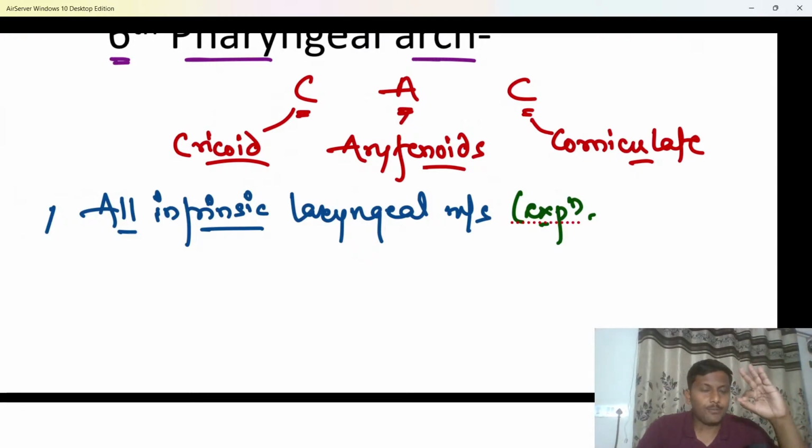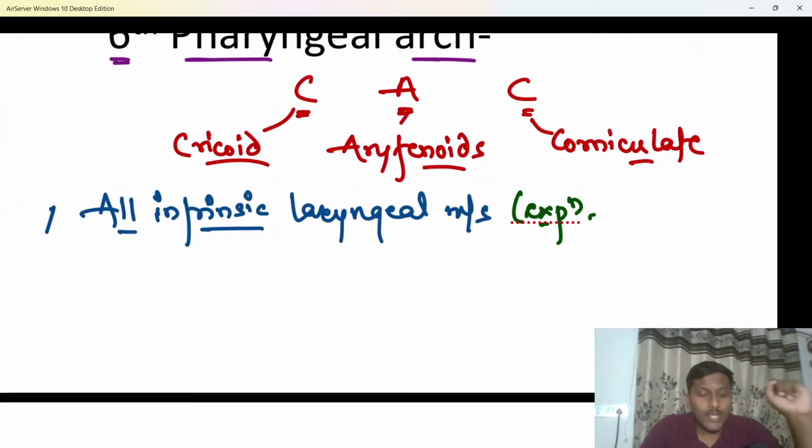Three important points. One, all the intrinsic laryngeal muscles are present inside the larynx except one, that is the cricothyroid muscle. Even though it is an intrinsic muscle, it is present outside the larynx. Remember this.